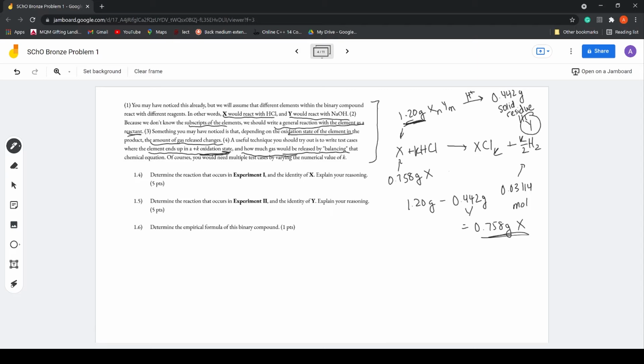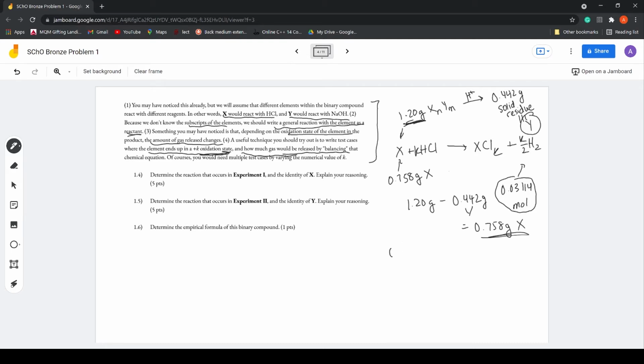Now what can I do? How can I make test cases to see what's reasonable for what X could be, based on the amount of moles of hydrogen gas that was released? First I want to write a stoichiometric expression.